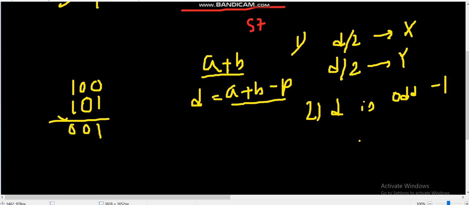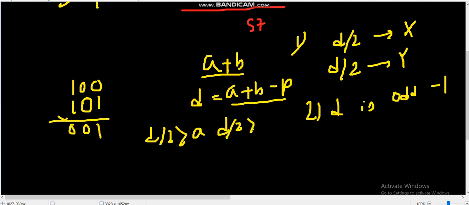Okay, now we have already set a plus b minus p number of ones equally in x and y. There will be d by 2 ones in x and d by 2 ones in y. Now what if d by 2 is greater than a, or d by 2 is greater than b?